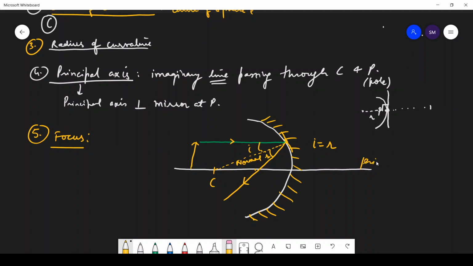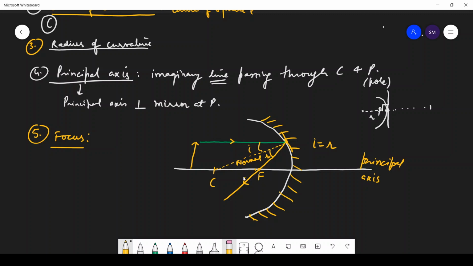This is your principal axis. So the focus lies on the principal axis, and all the parallel rays will pass through the focus. You can see this ray was parallel to the principal axis. So all the rays which are coming parallel to the principal axis will pass through the focus.